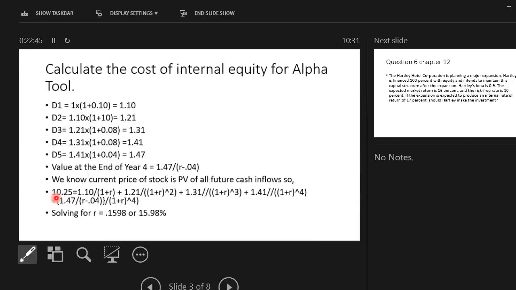So we are saying basically $10.25 is equal to the addition of all these cash flows multiplied by the discount factors. Right. I know it looks a little bit different from what we were dealing with, but it's basically the same, right? So remember what we would normally do if you were given a rate of return, like a percentage, you would just go to your tables, right?